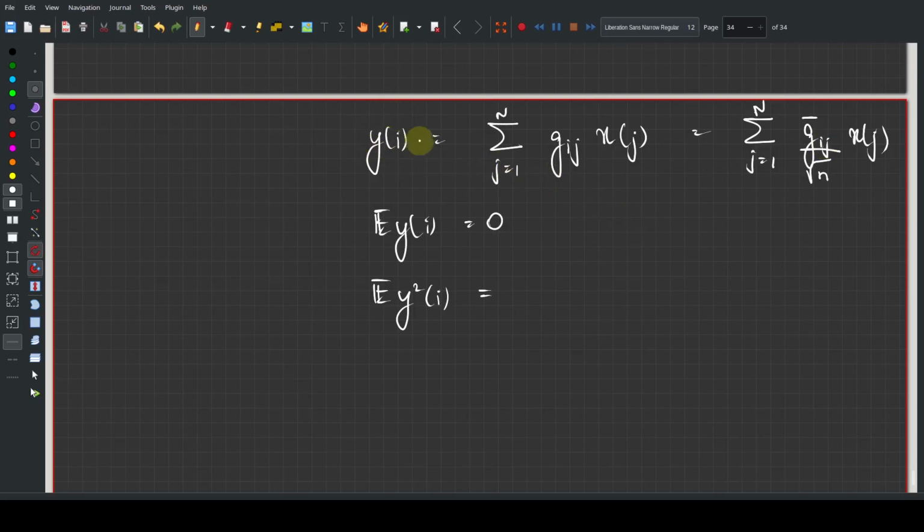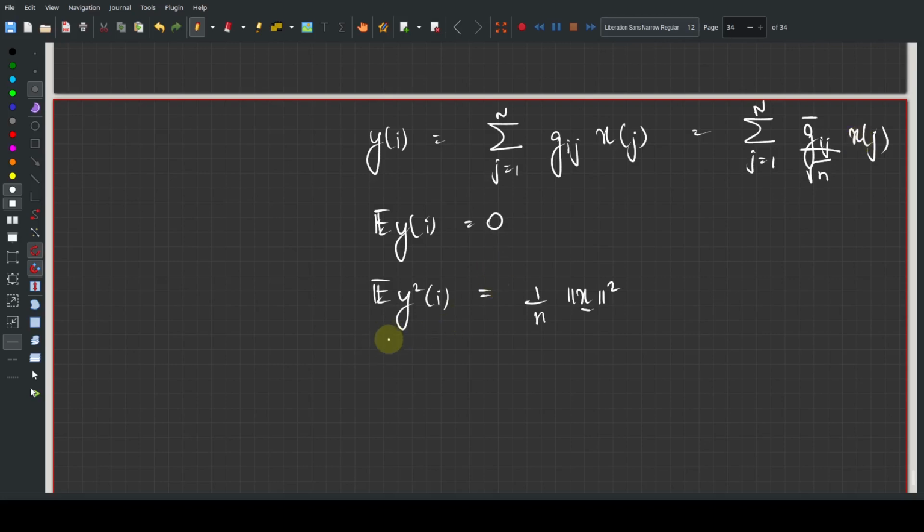So the variance is the sum of these variances, and that is simply equal to 1 over n times the norm of x squared. So it's equal to 1 over n times the summation over all j of x of j the whole square, which is just the norm square divided by n. You all agree?